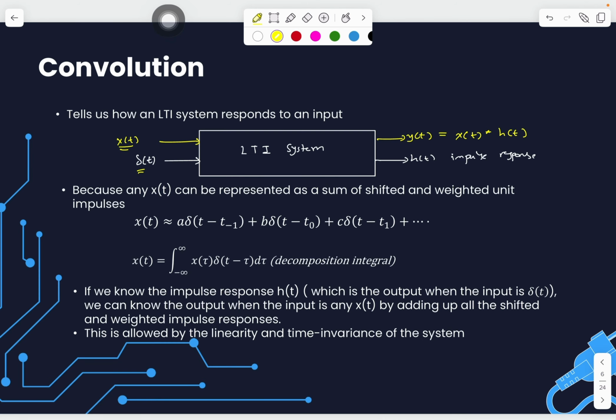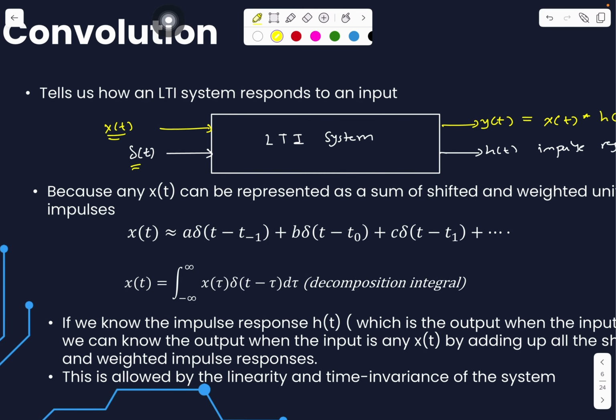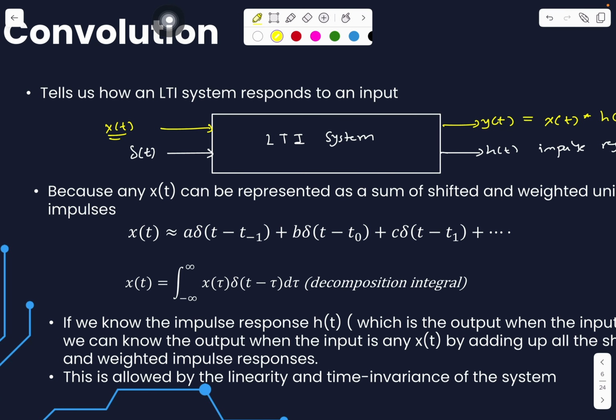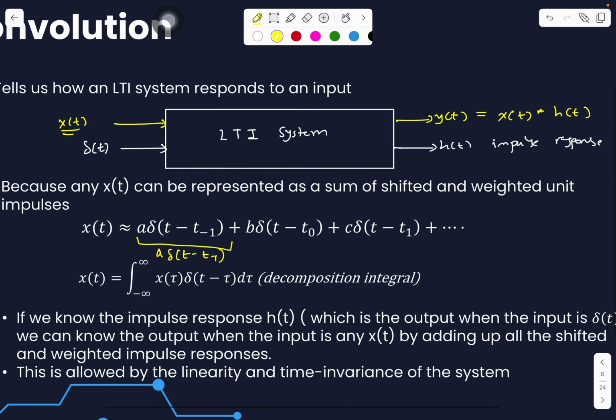For example, if the input to the LTI system was only this term, which is a delta t minus t negative 1, then the output is going to be a shifted and weighted impulse response. So the output is going to be a h of t minus t negative 1. And if we enter this term separately, so if this term is our input, then our output is going to be b h t minus t naught.